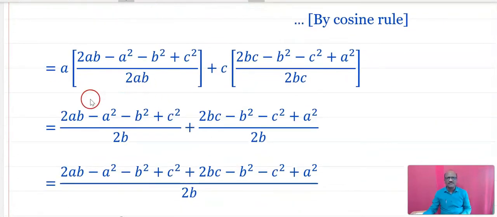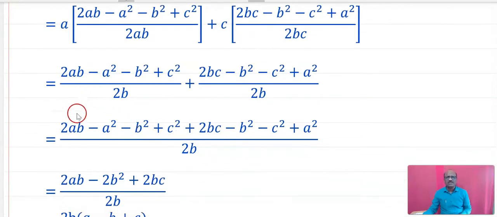And the next is, a gets cancelled, c gets cancelled, you will get upon 2b: a(2ab minus a square minus b square plus c square) upon 2b plus (2bc minus b square minus c square plus a square) upon 2b. And if you simplify this, then you will get 2ab minus a square minus b square plus c square plus 2bc minus b square minus c square plus a square.